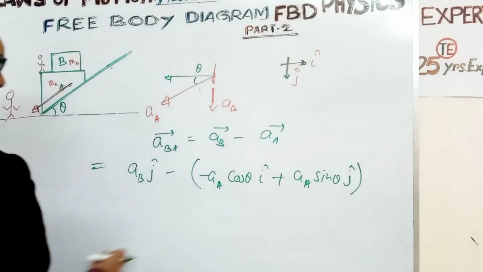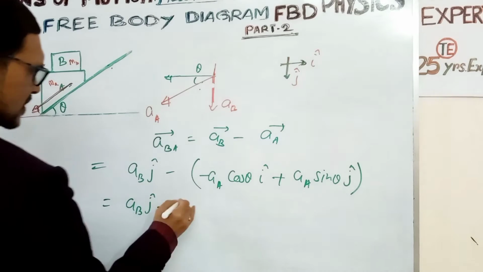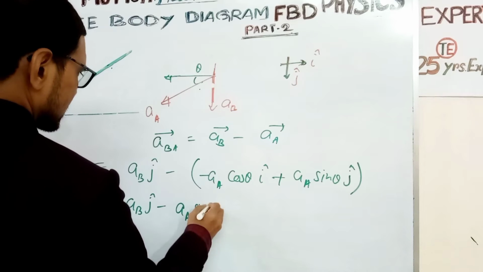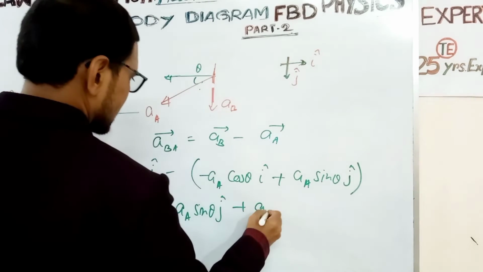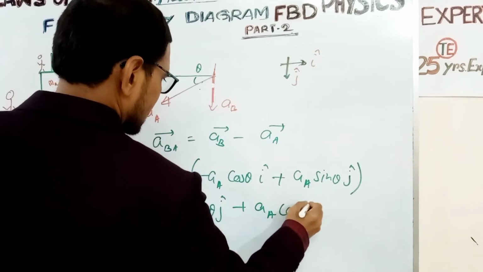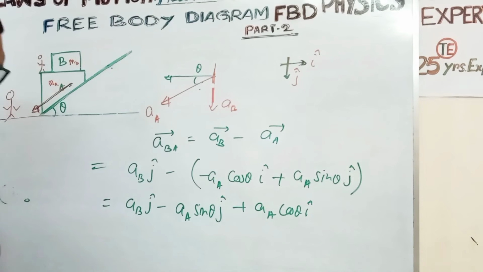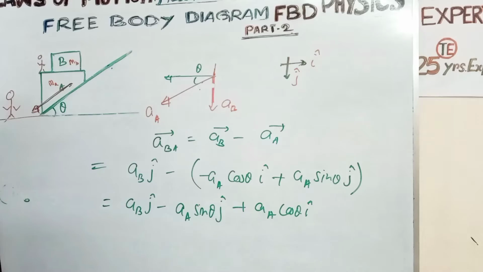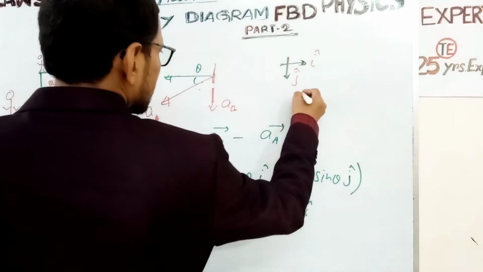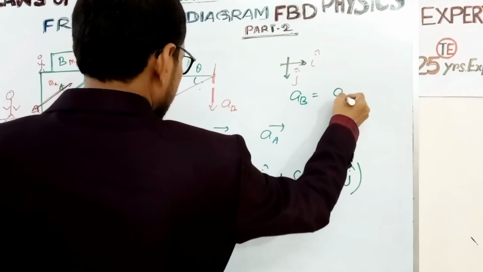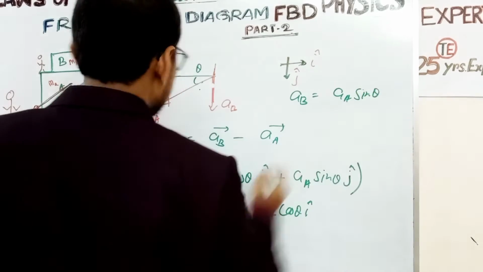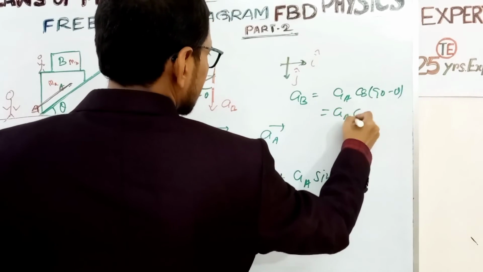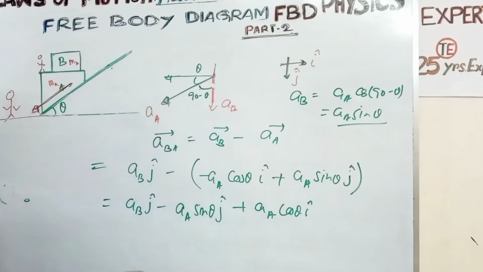So now, a cos theta i, and a sin theta will be ab. What is ab equal to? a sin theta.